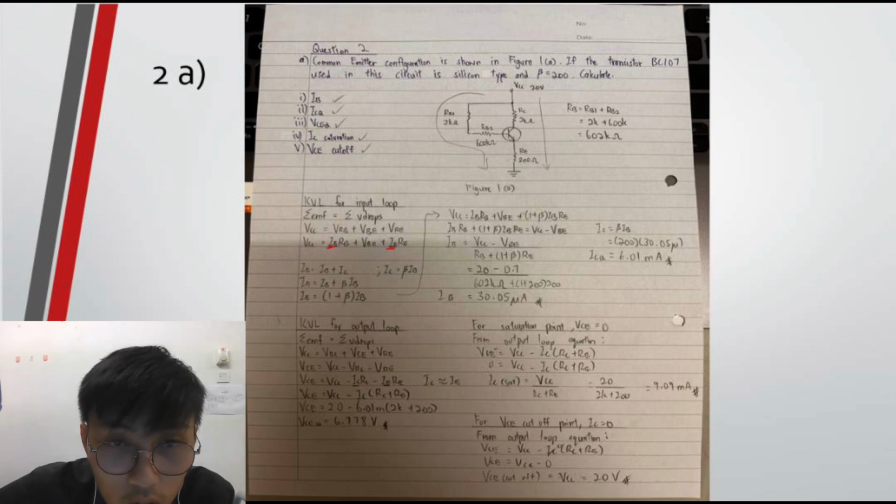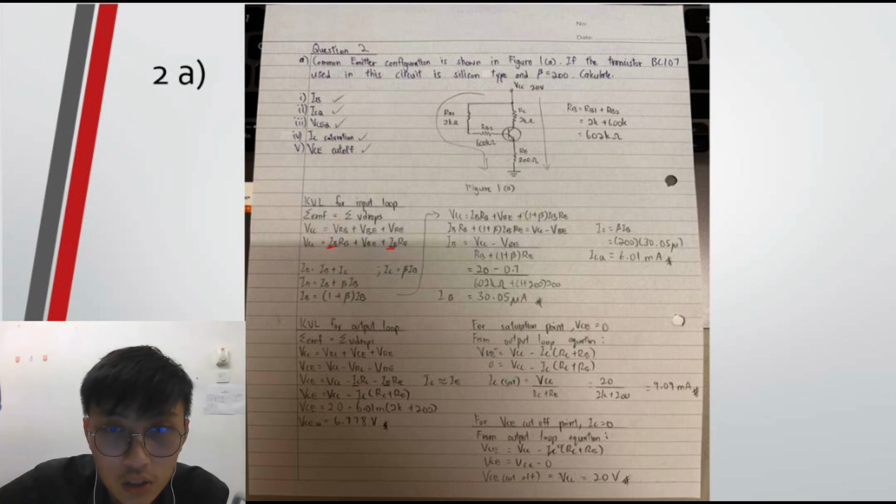And we will get the formula like this: VCC equal to IBRB plus VBE plus IERE. We know that IE is equal to IB plus IC, and IC is equal to beta IB. So we substitute inside, so IE equals IB plus beta IB, and then we can factorize to get IE equals 1 plus beta IB.